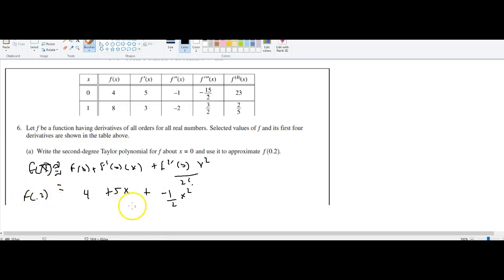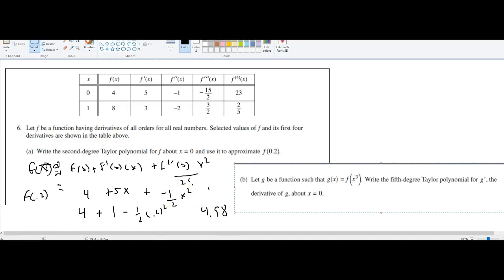So I'm going to plug a 0.2 in everywhere, and I get 4 plus 5 times 0.2 equals 1, minus 1/2 times 0.2 squared, which is 0.04, 0.02, so this becomes 4.98, I think. Doing some quick math in my head.